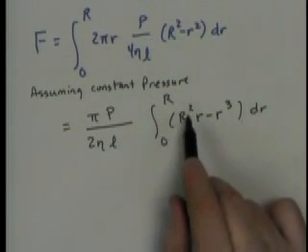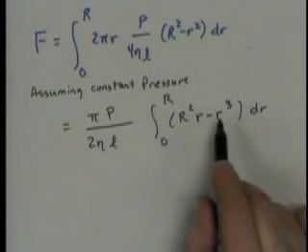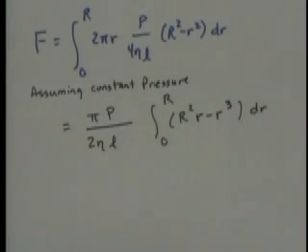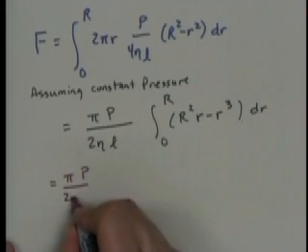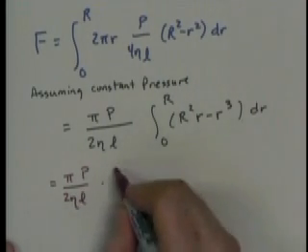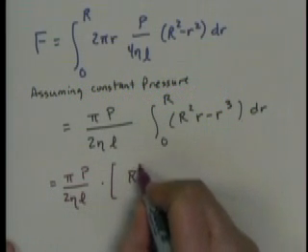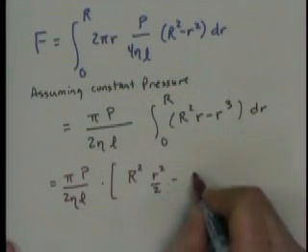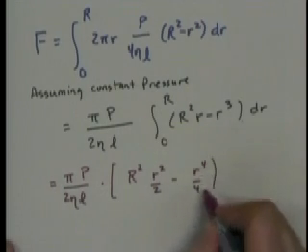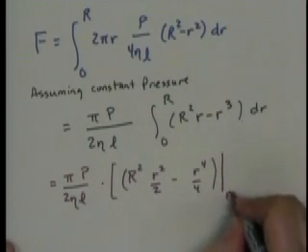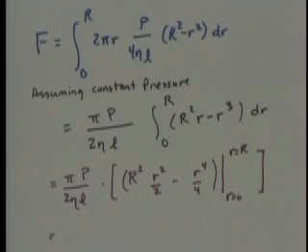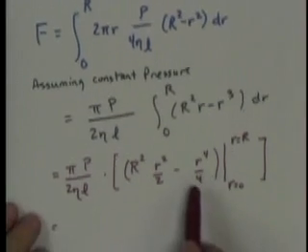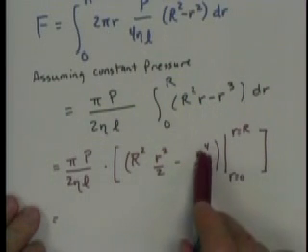So I get uppercase R squared r minus lowercase r cubed. So here I get lowercase r squared over 2 minus lowercase r to the 4th over 4.